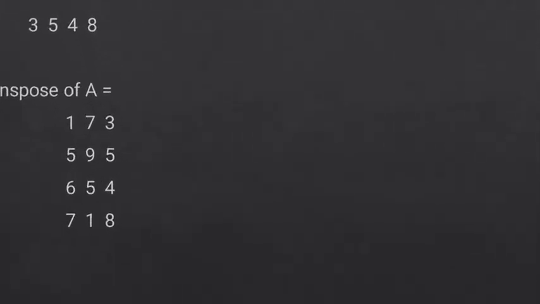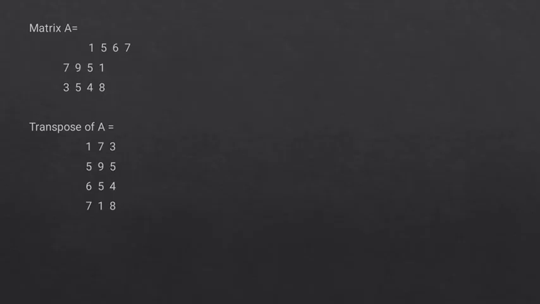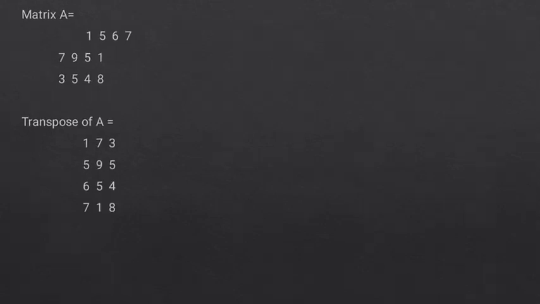So we have 4 rows here, 173, which was the first column, is turned into the first row, and we have 595, which was the second column, is transposed into the second row, and similarly 654, which was the third column, becomes the third row. And so all the rows and columns are shifted during the transpose of a matrix.